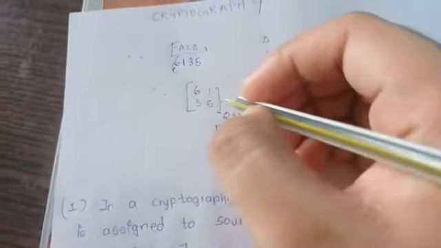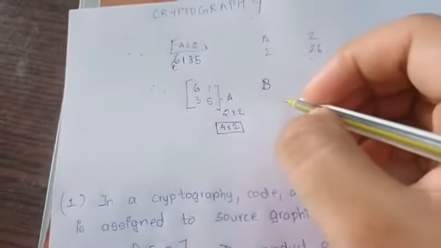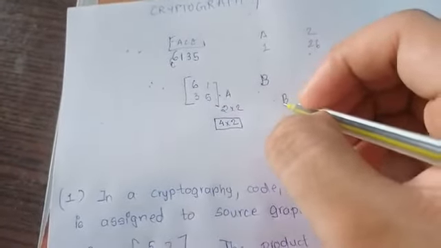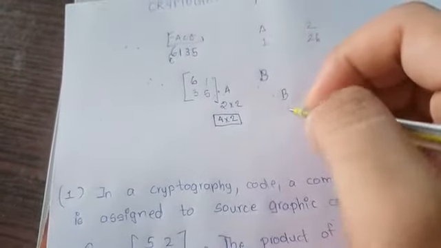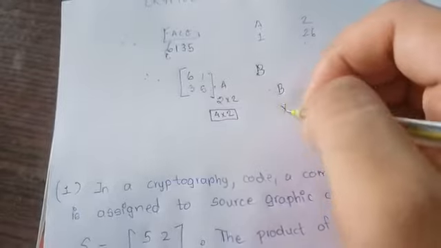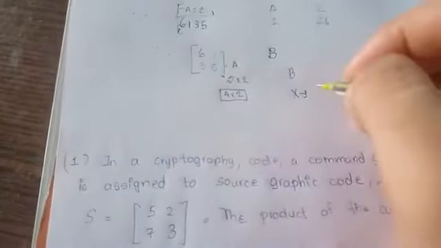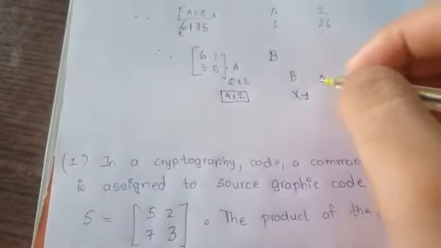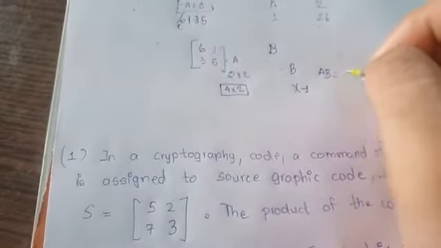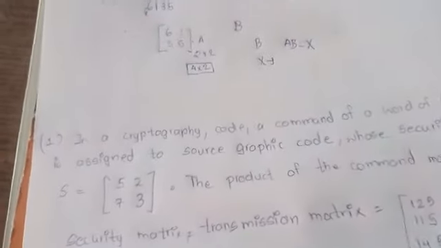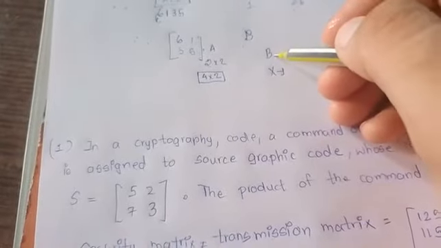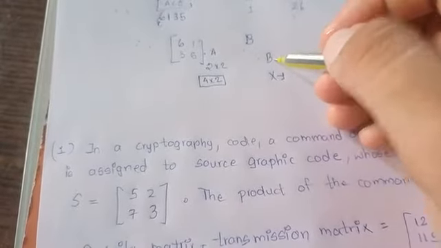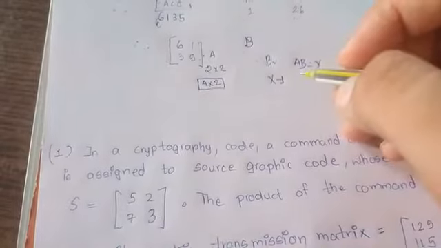Let this matrix be A. So if B is the security matrix of the owner of the object or the file, then the X matrix, which is the transmission matrix, will be equal to the product AB, that is AB = X. Now B is the matrix which the owner of the object gives so that only the relevant people can access it.